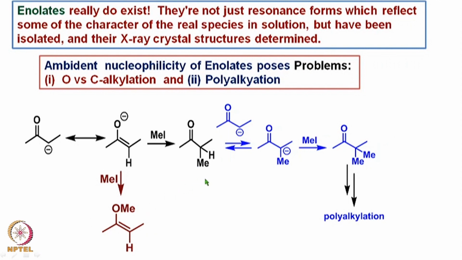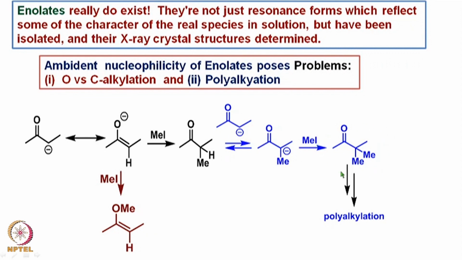So in addition to this dual character of this particular nucleophile, where O and C alkylations can occur, and we need to control them if we want one of them to occur, we also have a possibility of polyalkylation. That is, this particular ketone can undergo deprotonation here by base present in the reaction medium or by the carbanion present in the reaction medium to make another carbanion like this, which can then react with methyl iodide to form a dimethylated compound.